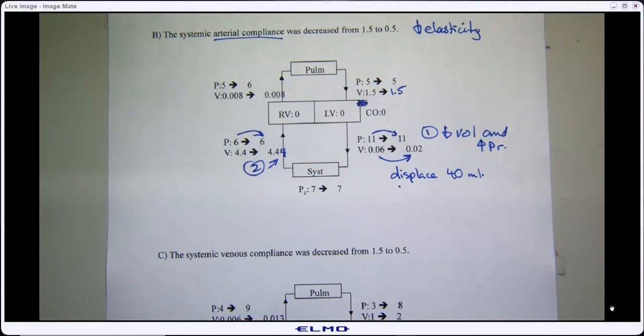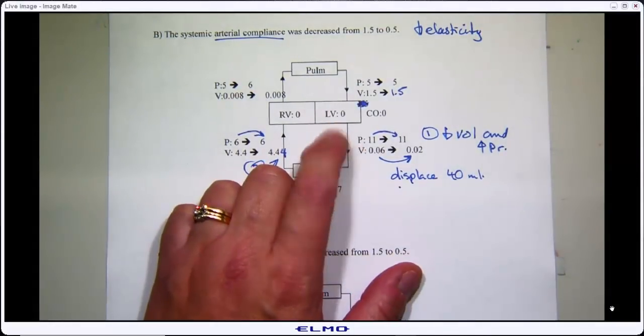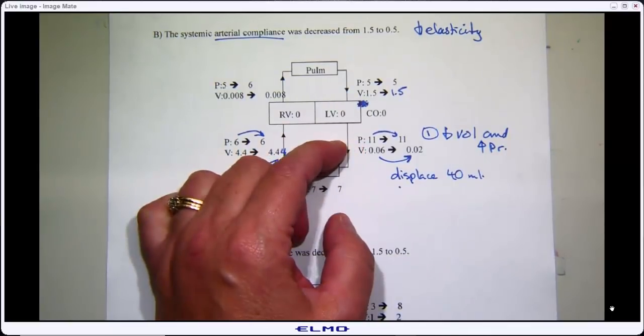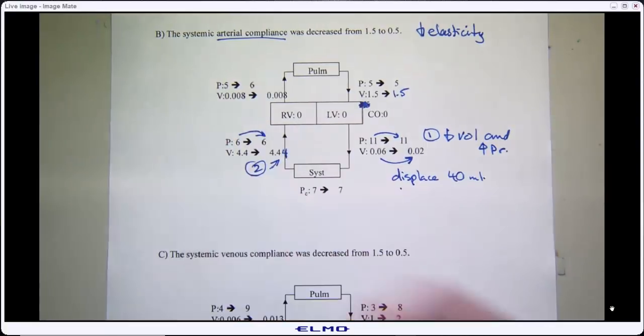The system didn't change very much, did it? Why? Because this was an incredibly rigid compartment to begin with, right? It was already low volume, high pressure, and we just said, all right, we're going to make it a little lower volume and a little higher pressure. No big deal. The system doesn't change.